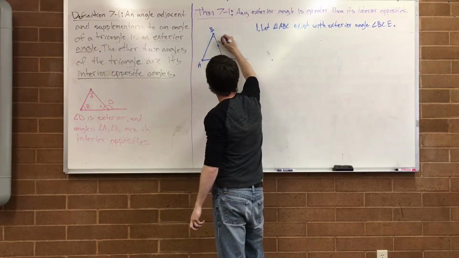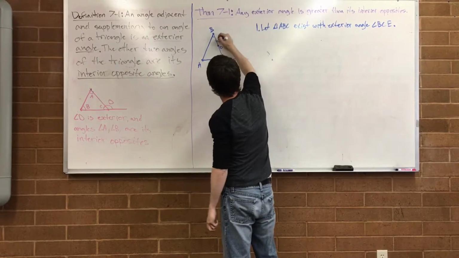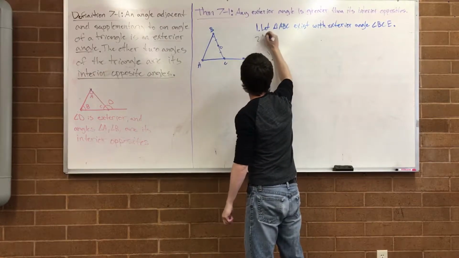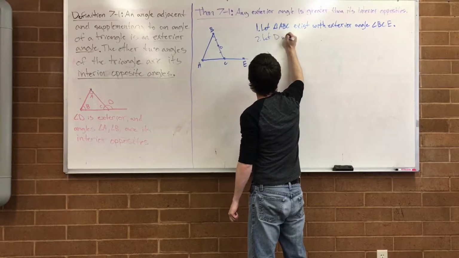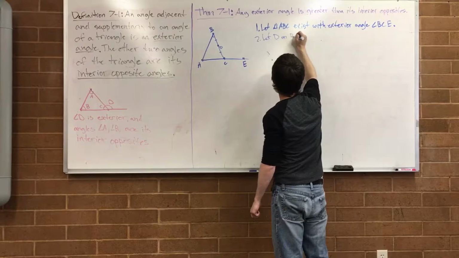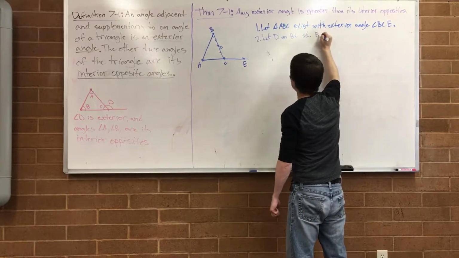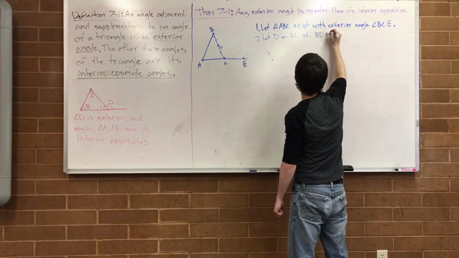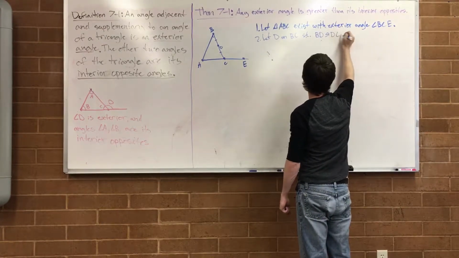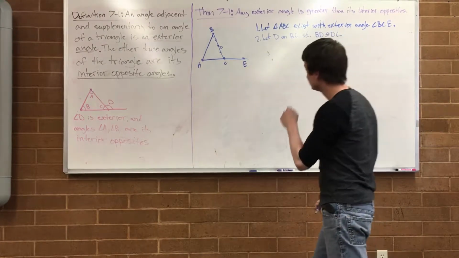Alright, so start by picking our midpoint here. A, B, C, D. So there's D. So that's congruent to that. So 2, let D on BC such that BD is congruent to DC. In other words, it's the midpoint.